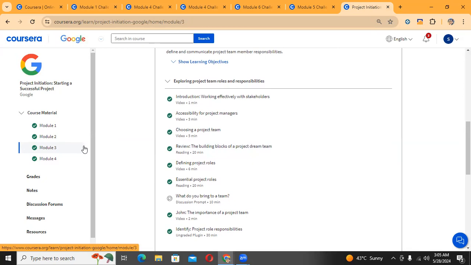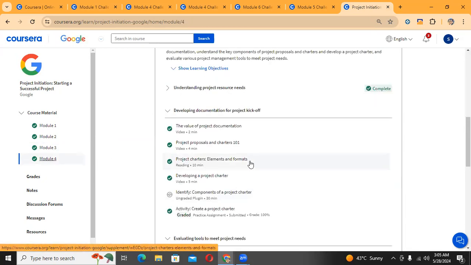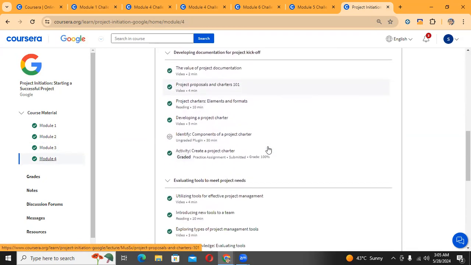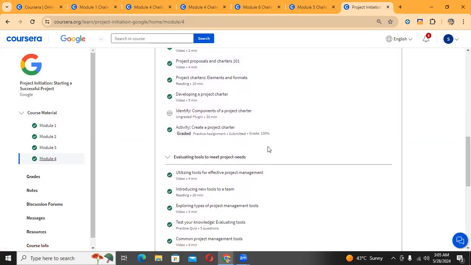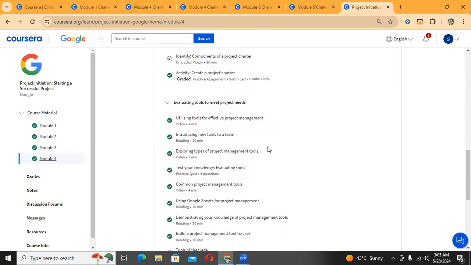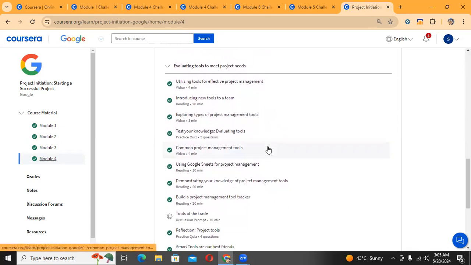So in the fourth module, utilizing the resources and tools for project success, the final module covers the aspects of managing project resources using tools. Learn to identify and allocate the resources needed for your project, including human resources.